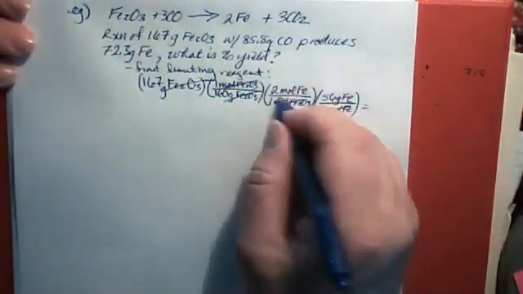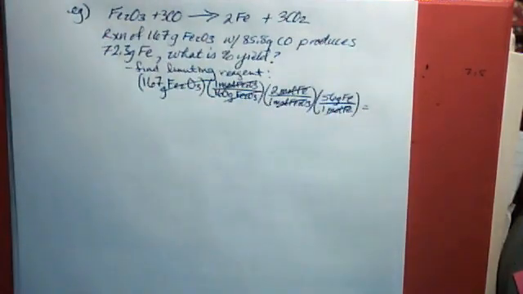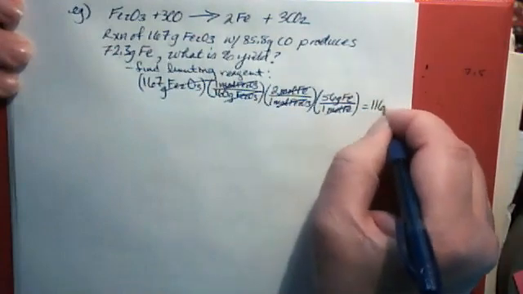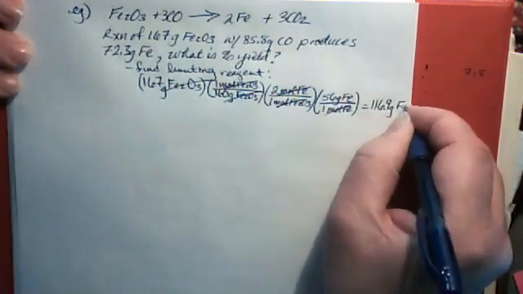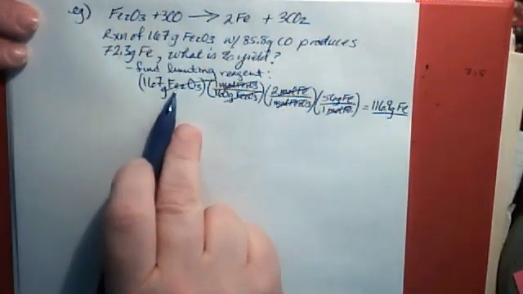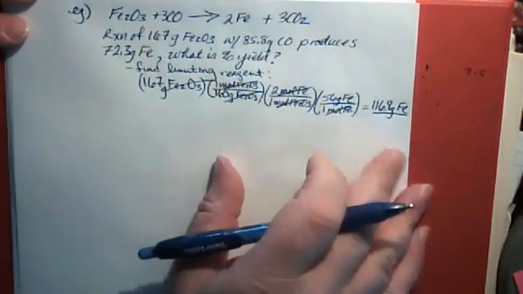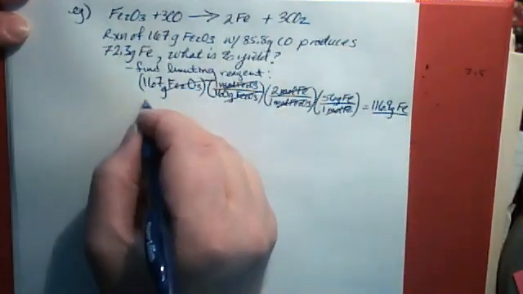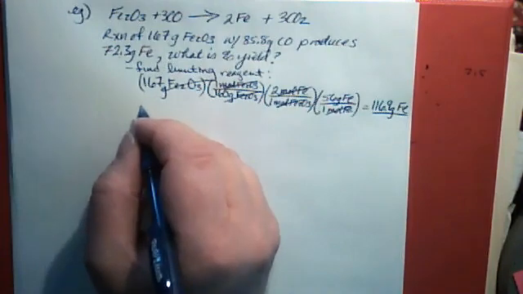And moles of iron cancel out. You get grams of iron as your unit. And when you multiply all that through, it results in 116.9 grams of iron. So you have enough iron oxide to make 116.9 grams of iron. But how much of the carbon monoxide do you have?